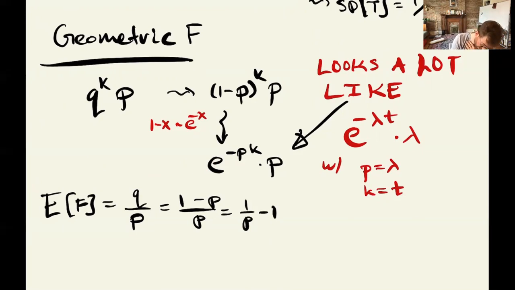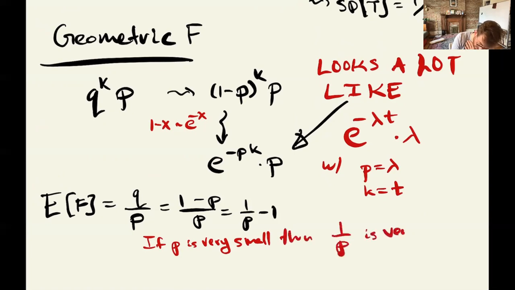So if P is very small, then 1 over P is very large.